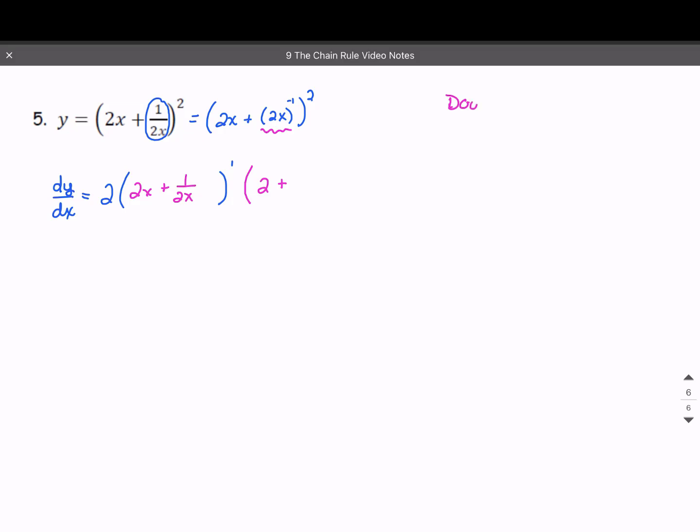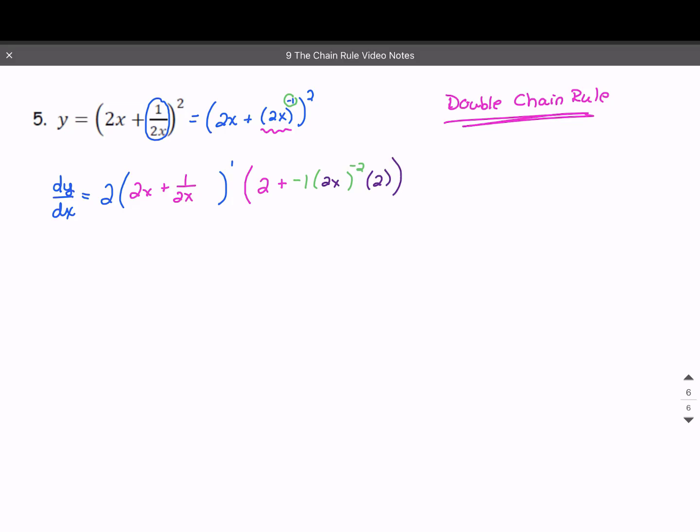This is a double chain rule. Because now the outside function is raised to the negative 1. So I'm going to bring down a negative 1. I'm going to have to keep the inside, but my new exponent is a negative 2. Now on the inside, I'm keeping the 2x times the derivative of the 2x is 2.